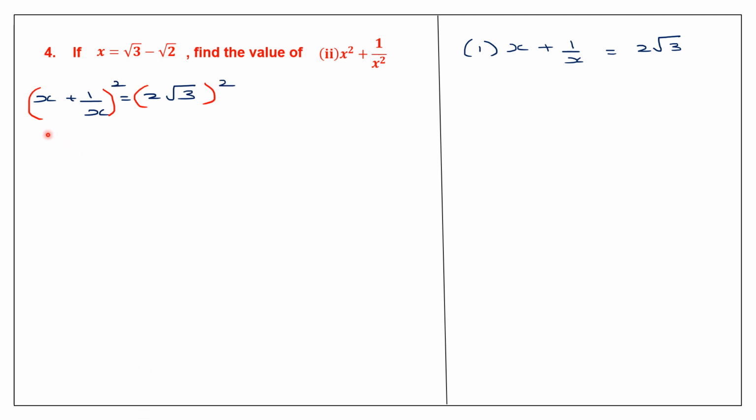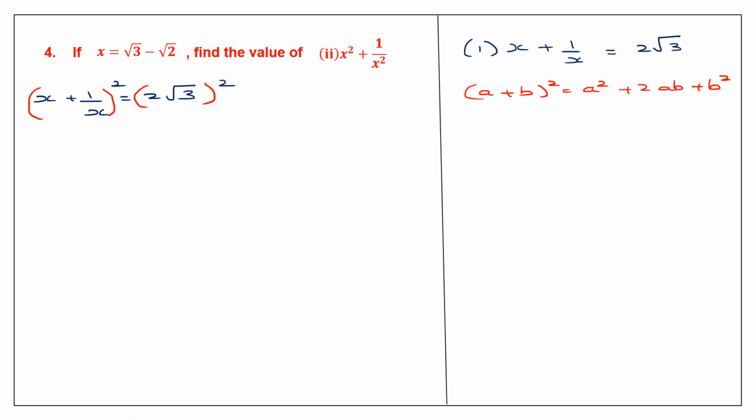Now this is in the form of a plus b the whole square. So how do we do that? When we have a plus b the whole square, the expansion is a square plus 2ab plus b square. So we're going to do that same thing here. This is a and this is b.